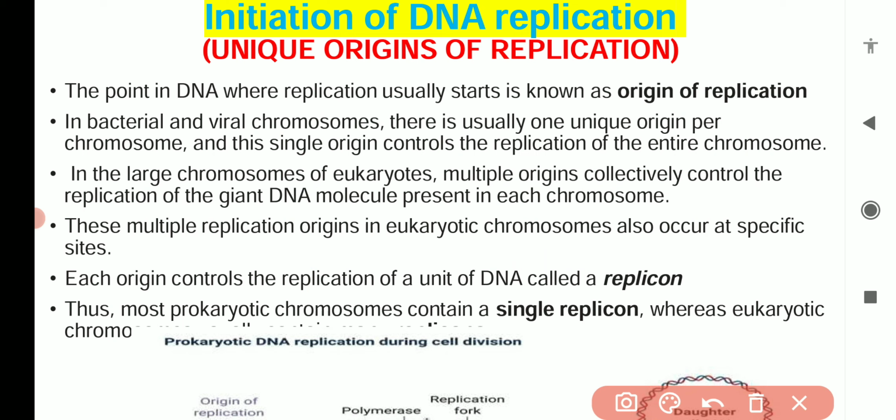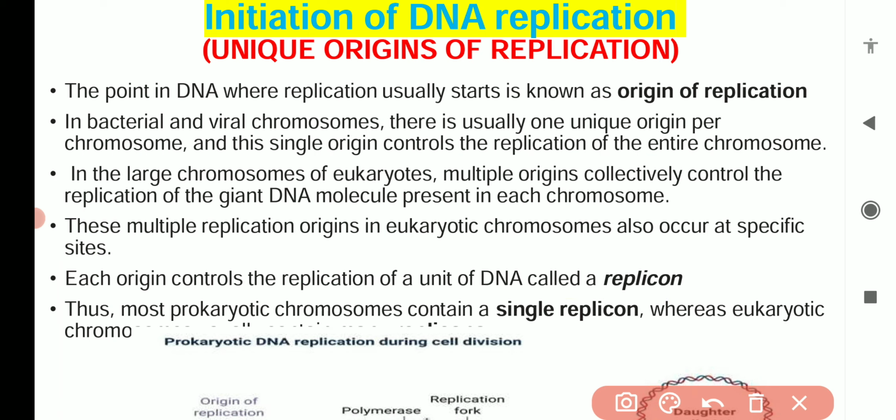These multiple replication origins in eukaryotes also occur at specific sites, so their sites are fixed on the chromosome. Each origin controls the replication of a unit of DNA called a replicon.